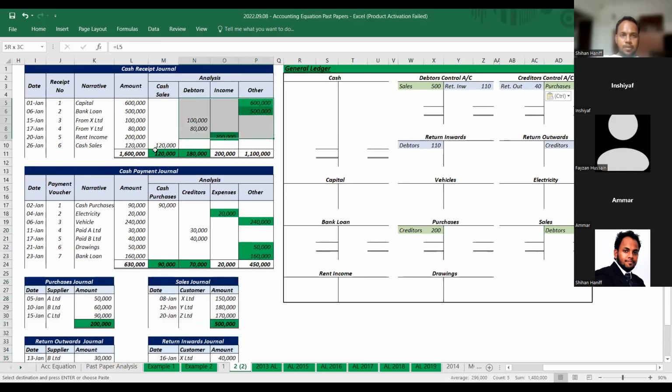Now the cash receipts. What are the receipts? We have capital, bank loan, rent income, debtors, sales. So what I have highlighted, one by one, you can write under the debit column. Cash received is debit.